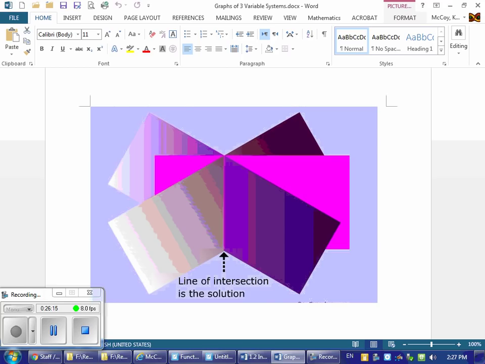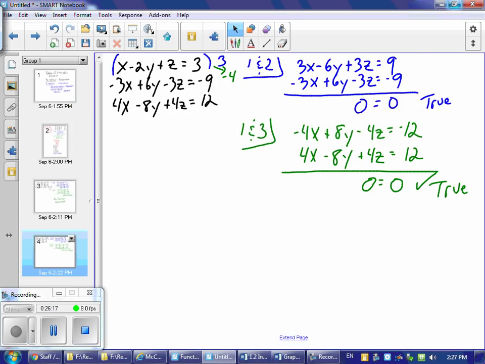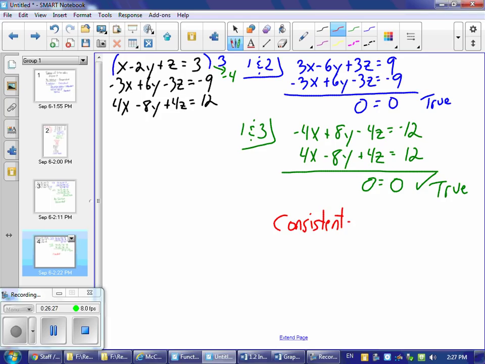So this one would be consistent because it does have a solution. So it's consistent, but it's dependent because it has an infinite number of solutions.